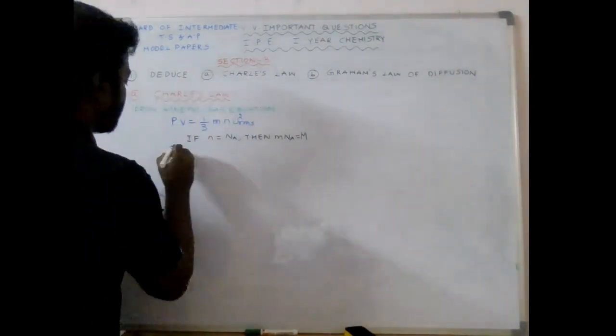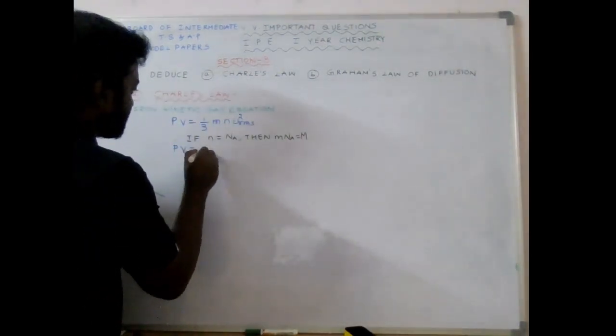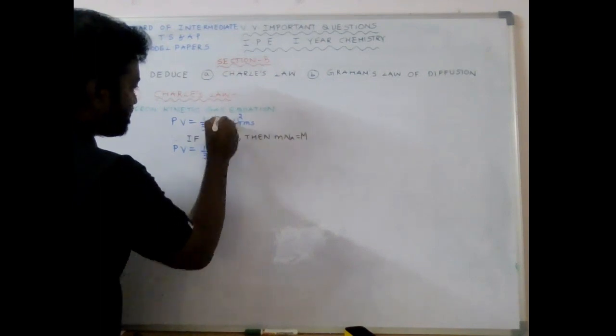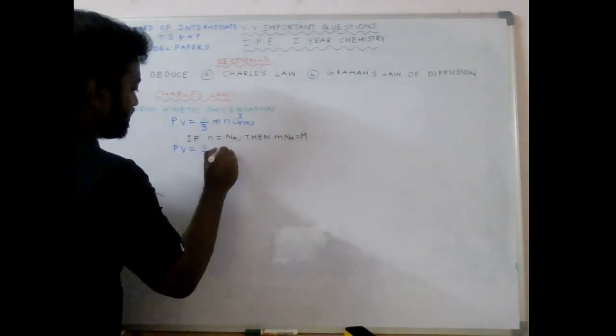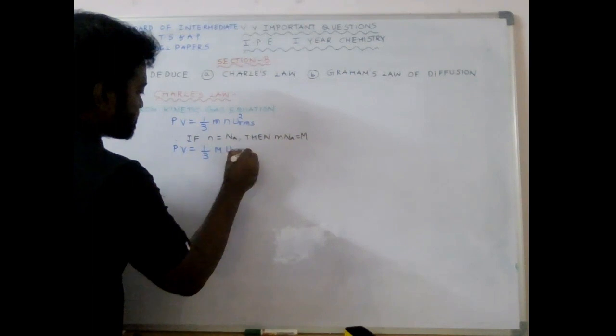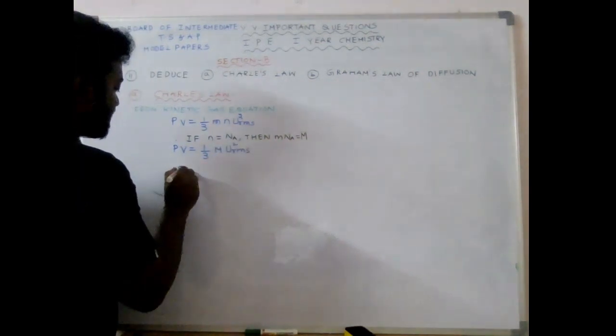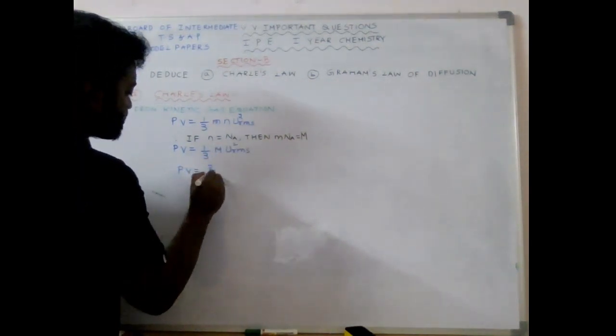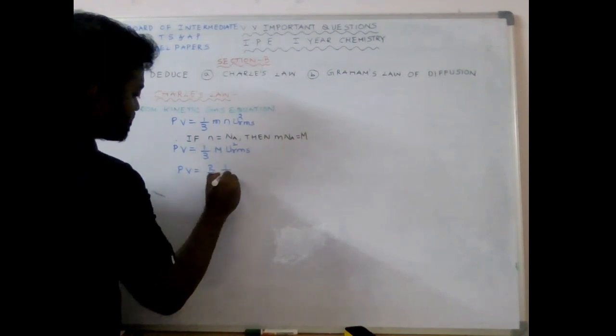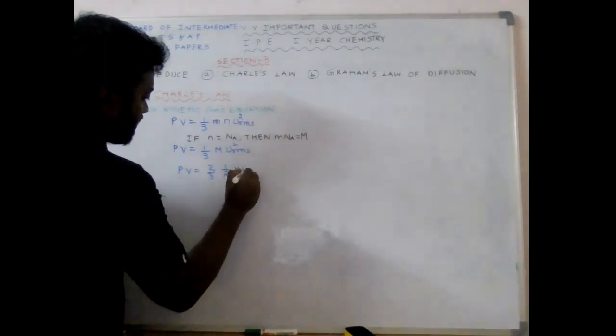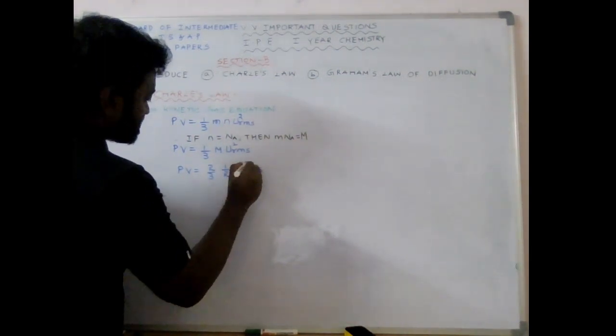Based on this, in the next step, PV is equal to 1 by 3, and in the place of mn we can write M, into URMS square. Next, PV is equal to 2 by 3 into 1 by 2 M URMS square.